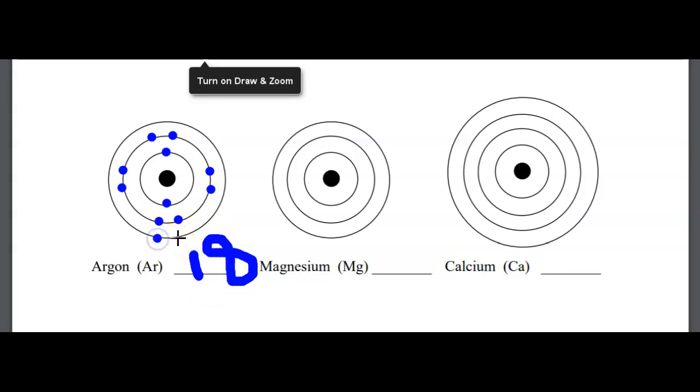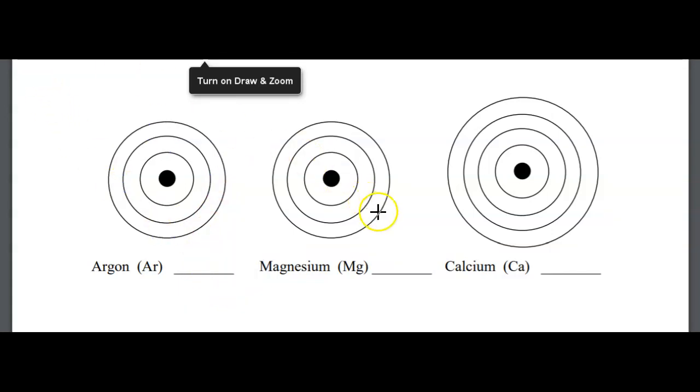So that means I'm going to add 8 to that final shell. Okay. So there, argon actually has 3 complete energy levels. See that? 2 in the first energy shell, because remember, 2 is the maximum. Then we have 8 in the second shell, and we have 8 in the third shell. 8 plus 8 plus 2 equals 18.